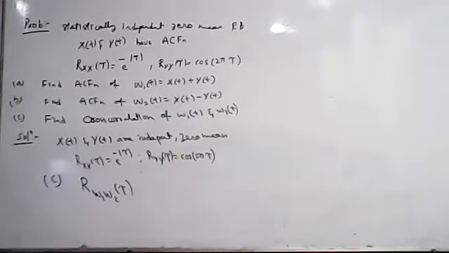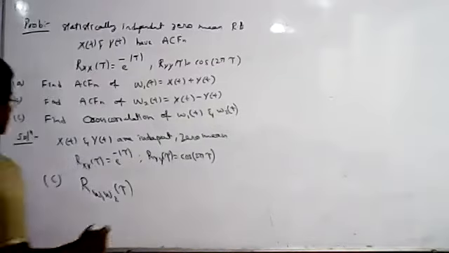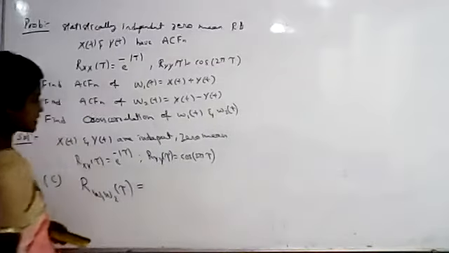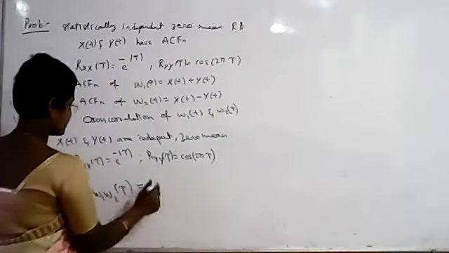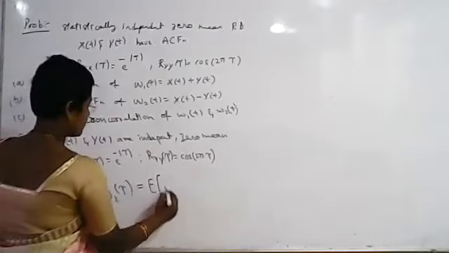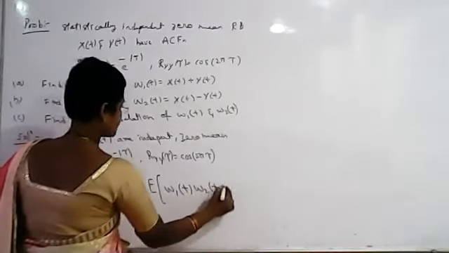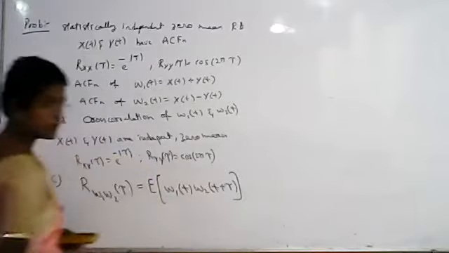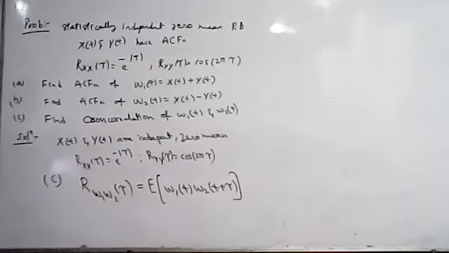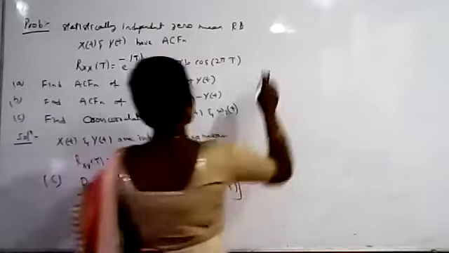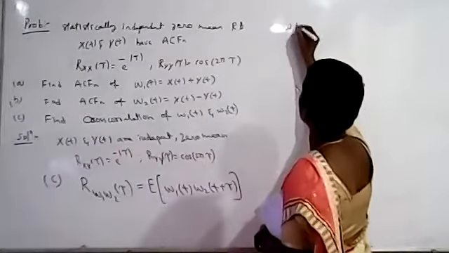The cross correlation R omega 1 omega 2 of tau is given as the expected value of omega 1 of t, omega 2 of t plus tau. Okay. Substitute omega 1 of t. What is omega 1 of t?